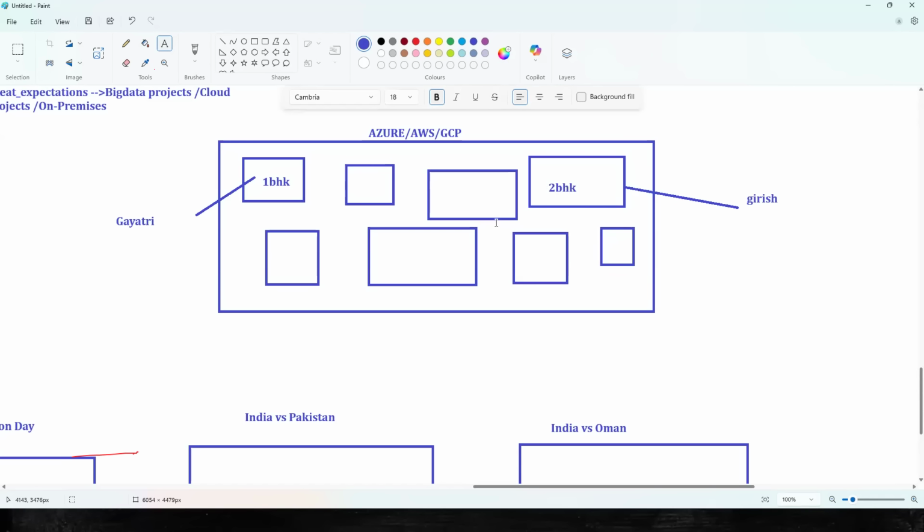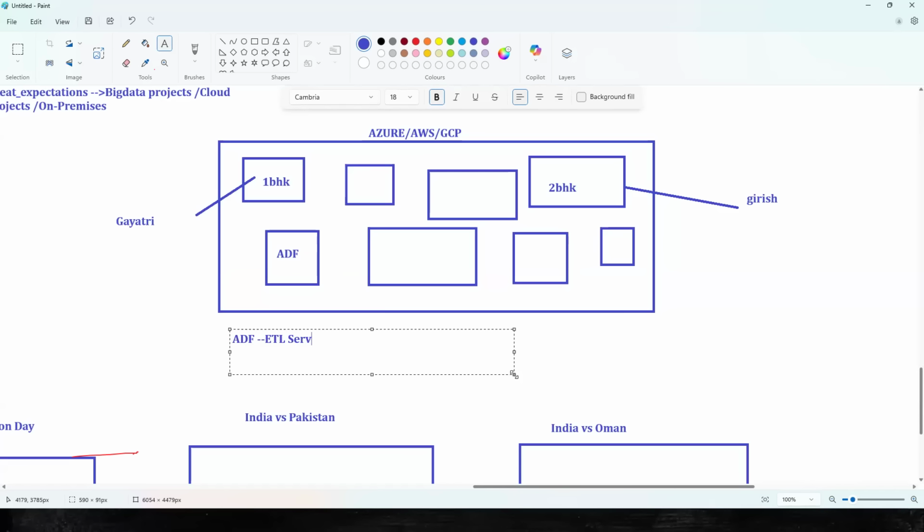In similar fashion, when you go with Azure, AWS or GCP, we have different resources. I'll go with Azure. This is ADF, Azure Data Factory, which is nothing but an ETL and orchestration service.